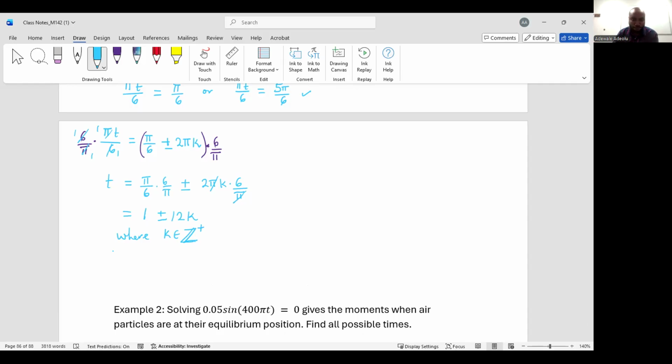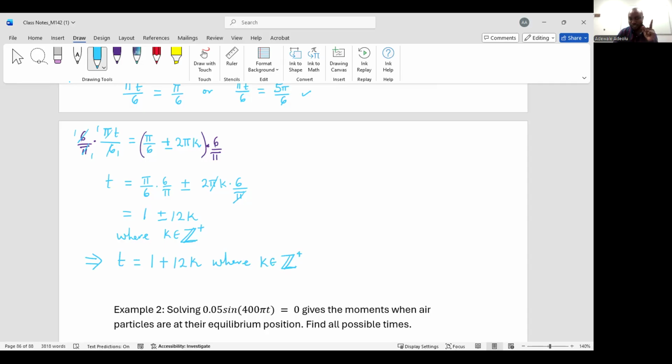So now that is t equals 1 plus 12k, where k is a positive integer. So when k is 0, it is 1 hour.